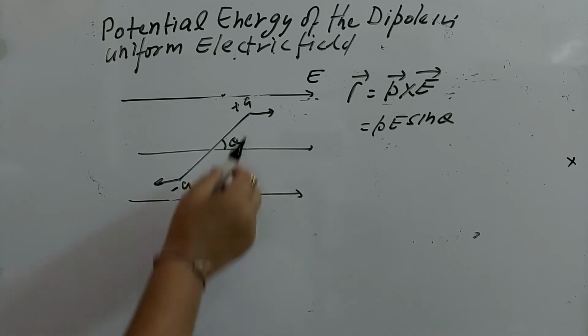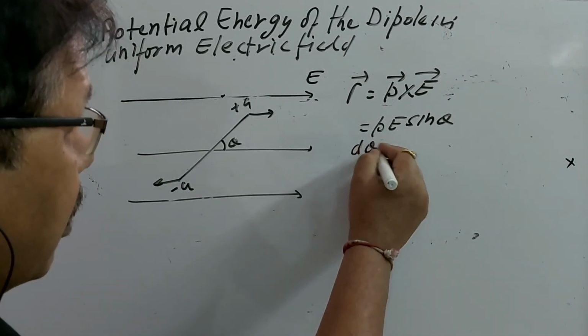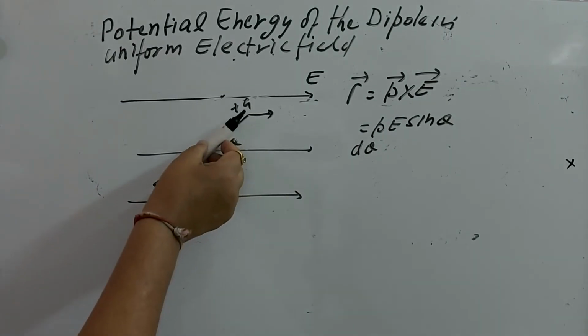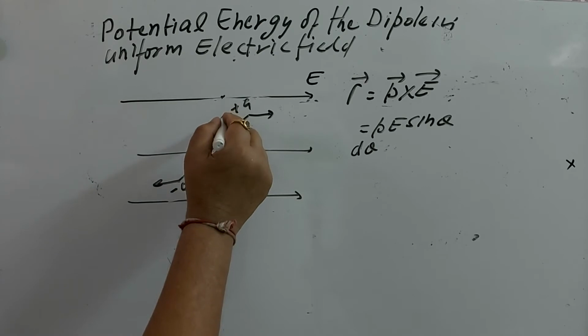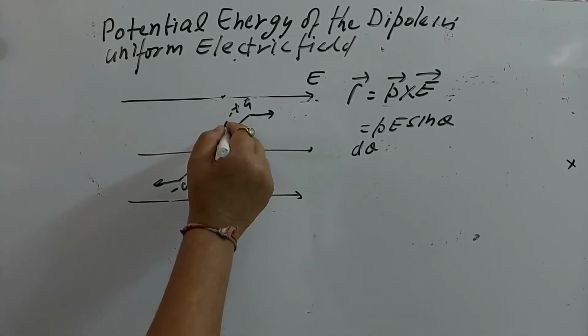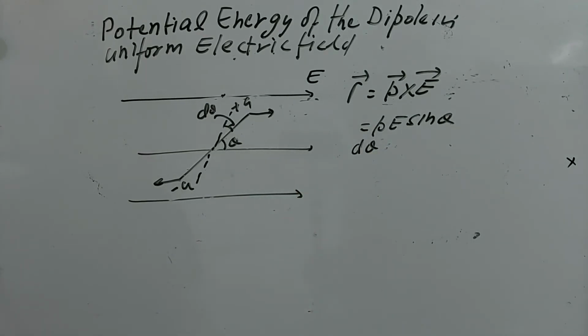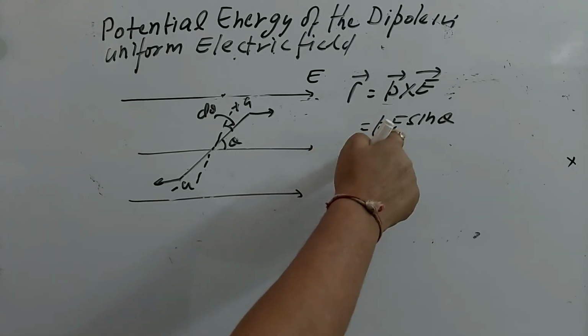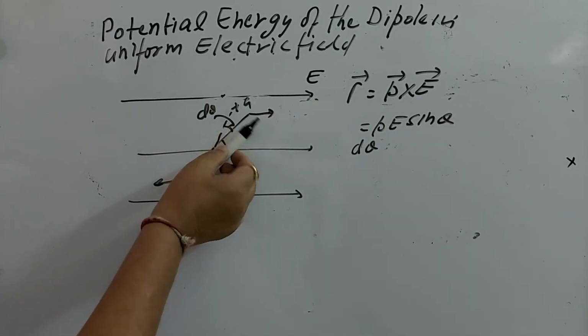Now if this dipole is to be further rotated by very small angle d theta in the opposite direction, means this is not clockwise, this is to be rotated anti-clockwise through very small angle, and this angle is now d theta. So same torque we will be applying in the opposite direction, because this torque is trying to rotate this in clockwise direction.